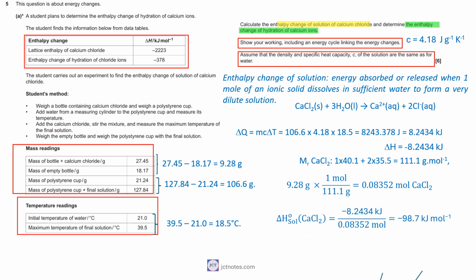If we divide minus 8.2434 by 0.08352, we obtain that the enthalpy change of solution of calcium chloride is minus 98.7 kilojoules per mole. This is a result that we will need to answer the enthalpy change of hydration of calcium ions. I will clear in a moment what we don't need and keep this reaction and its enthalpy.